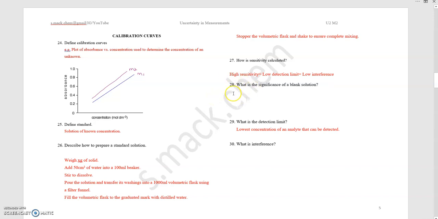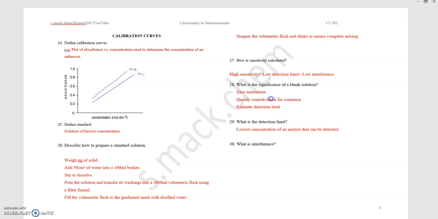Now, the blank solution is very important, and I'm just going to highlight what is the significance of the blank solution. So we just talked about one, which is that it is used to zero the instrument, that is, give us corrected absorbance values, and it is used as a means of quality control, meaning that you can use it to check for contaminants.